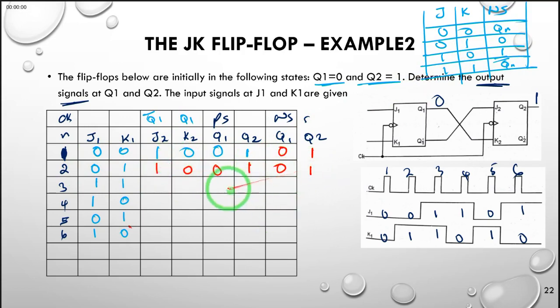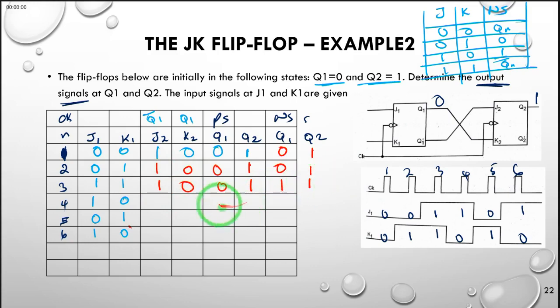So we bring this one here, and then we know this becomes 0, this becomes 1. 1, 1 will give us the opposite of what we had. So if we had 0, this becomes 1, and if for J2 we have 1, 0, the next state is a 1.